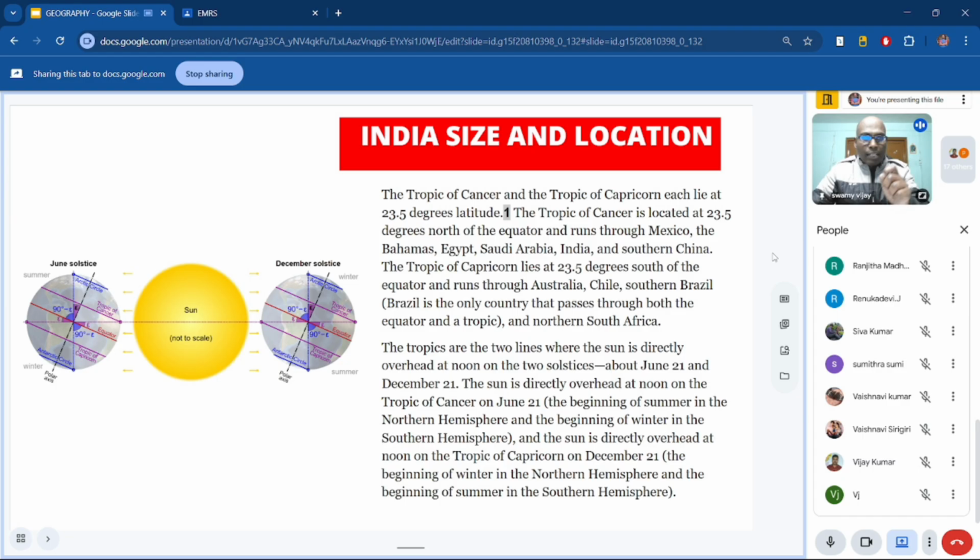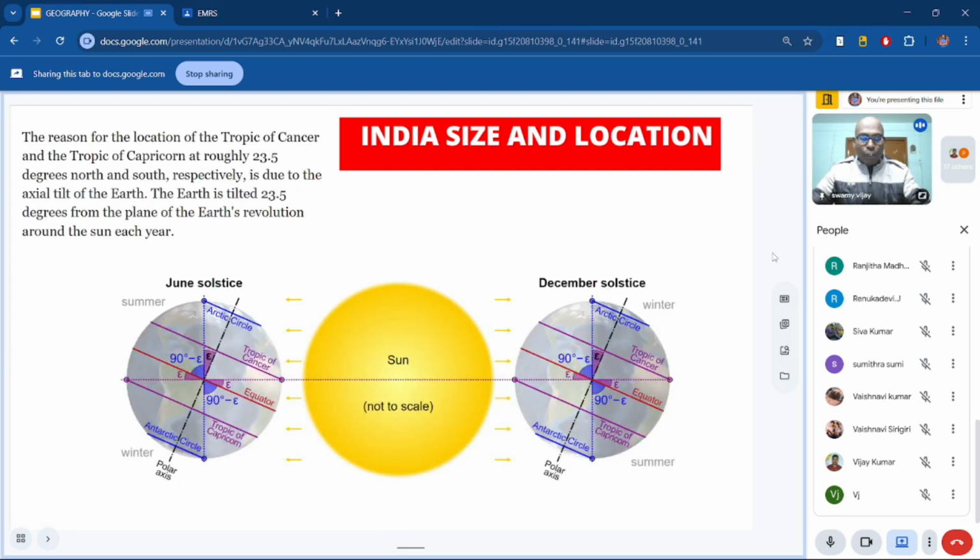In so many examinations I could find questions on which date the sun is directly overhead at noon on the Tropic of Cancer. It is June 21st. And on which date the sun is directly overhead at noon on the Tropic of Capricorn. It is December 21st. These two dates are very, very important from the examination point of view.